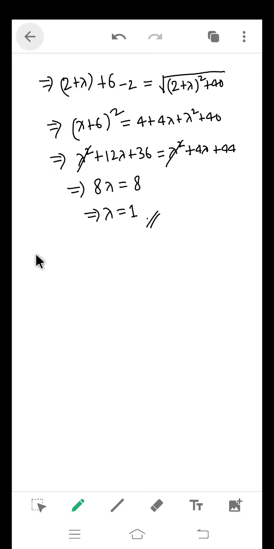Next, question number 14. You are given that A, B, C are mutually perpendicular vectors of equal magnitude.